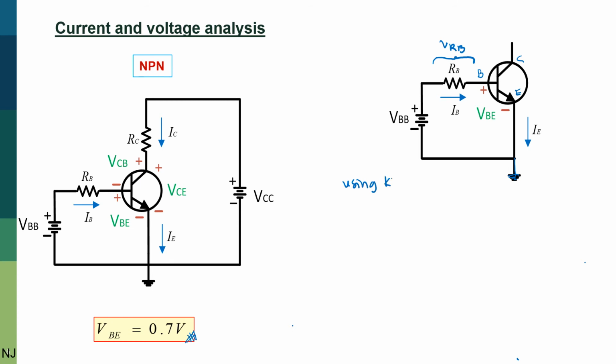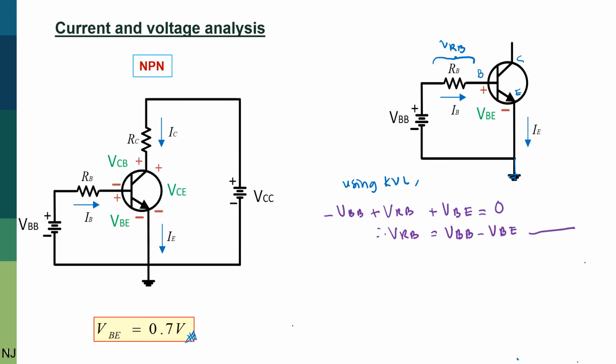Using KVL, minus VBB plus VRB plus VBE equals 0. So VRB equals VBB minus VBE.